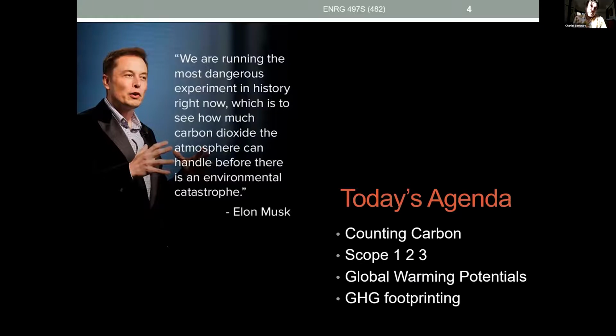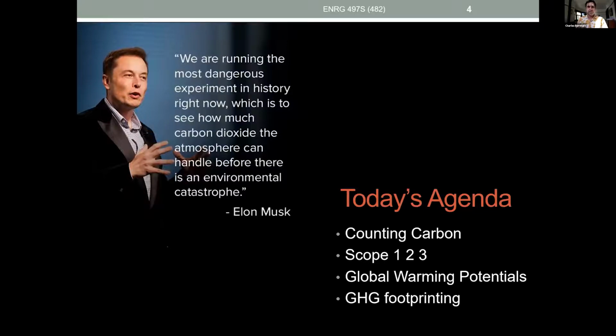Okay, so for today's lecture, again, it's all about figuring out how much carbon is emitted by burning different things. And so we're going to look at counting carbon, understand what Scope 1, Scope 2, Scope 3 emissions are, and then look at global warming potentials. So different greenhouse gases have greater or lesser abilities to trap infrared radiation.